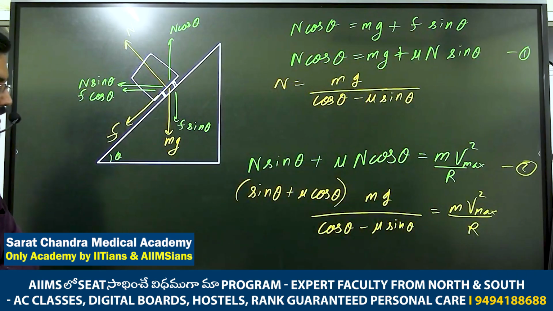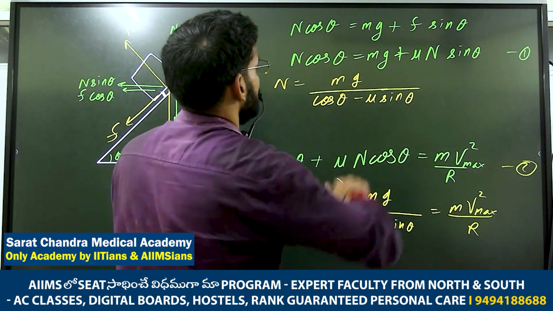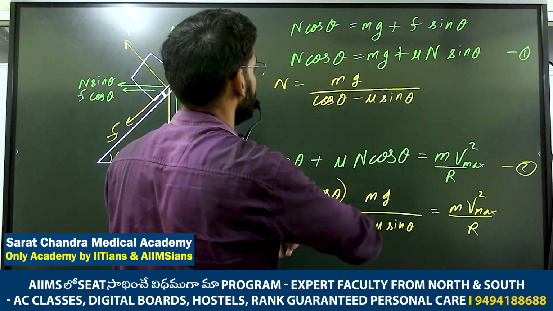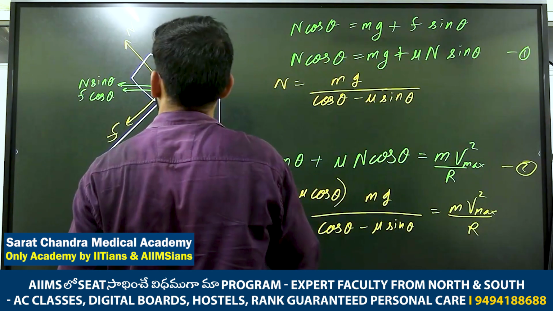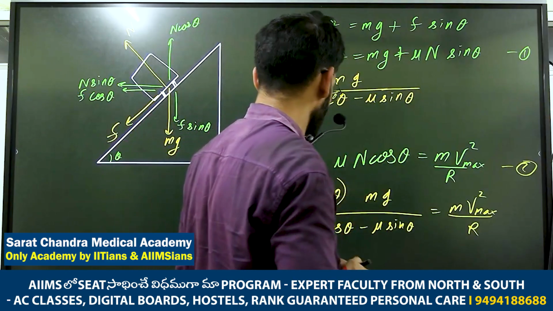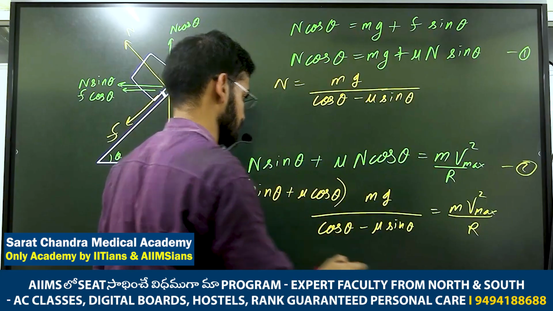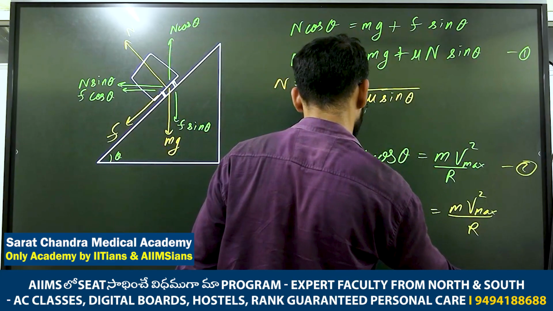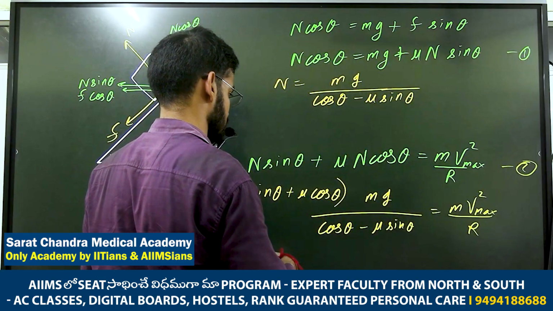Okay, can we get the Vmax from here? Is there any problem? Mu sin theta, mu cos theta, mu into normal. Okay, correct. Tan theta, V max. So what will come from here? If we solve, numerator mu cos theta.